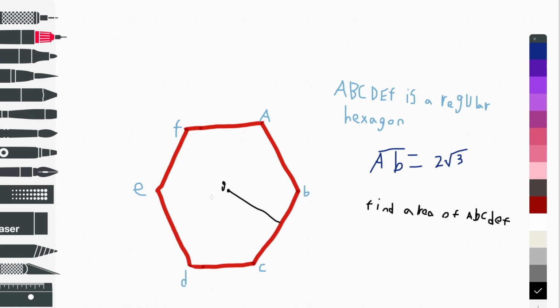So you can only say that G is equidistant from all the vertices. So here, here, here, here, here, here. So G is equidistant from all these points. Actually, let me do G in another color. There it is.